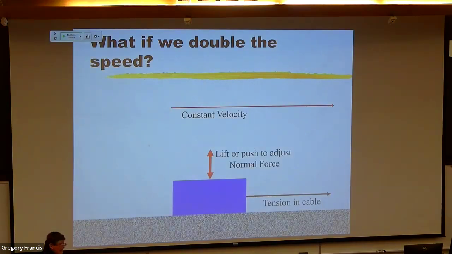Now, what if I had pulled at a much higher velocity? Well, what we find is that as long as it's zero acceleration, the pull is going to be exactly the same as the friction force.